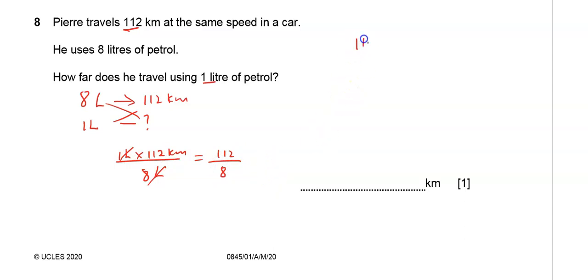We can do the long division. 11 minus 8 gives us 3, then 2, so 32. What number do we multiply by 8 to get 32? The number is 4. So he travels 14 kilometers in 1 liter of petrol.